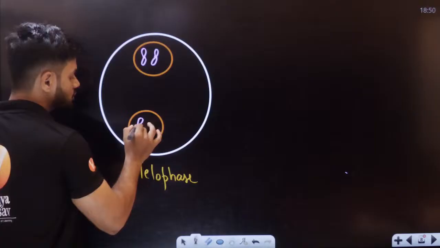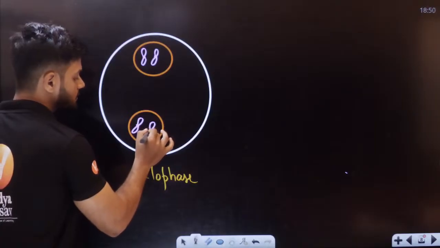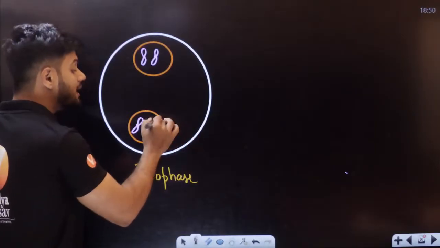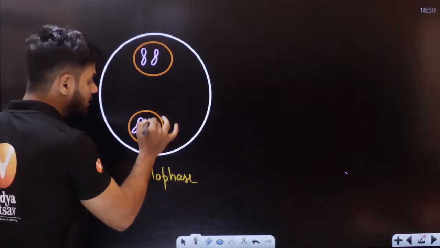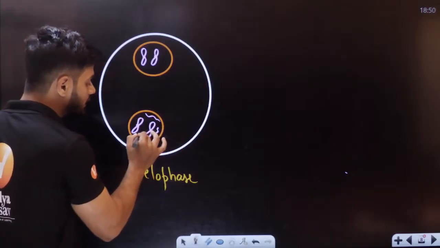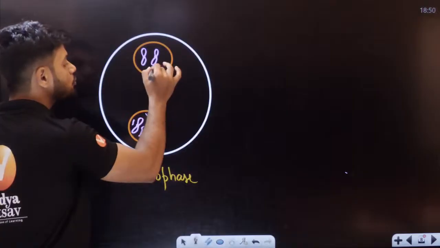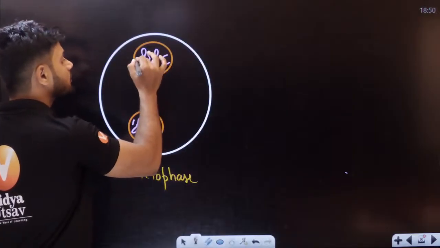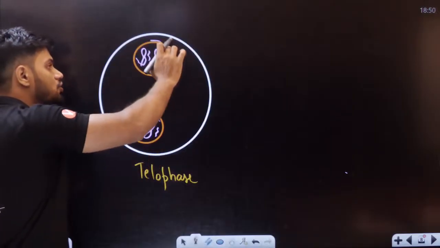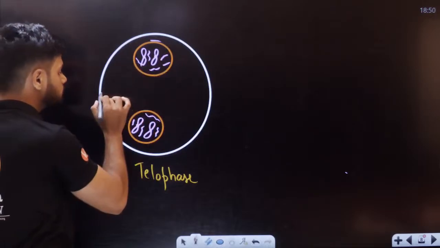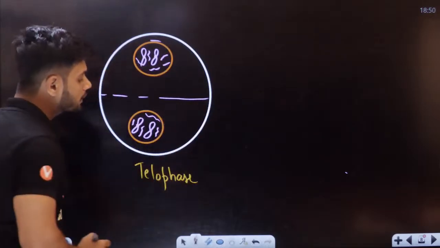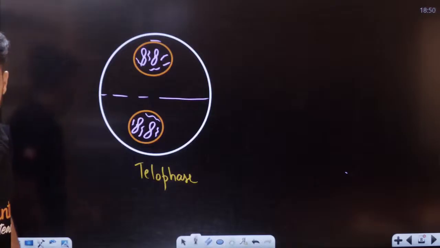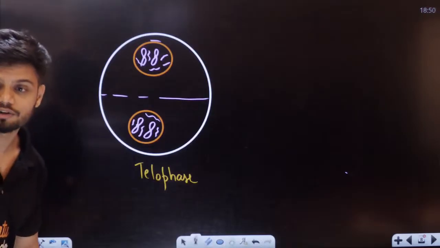In a later stage, some of them will start getting turned back into chromatin. And we can see the nuclear envelope is appearing also here, right now, students.